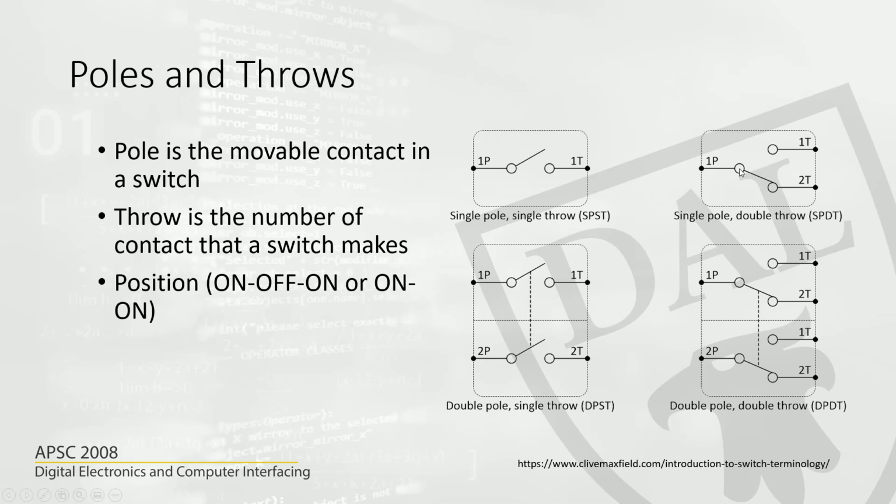But some switches will also have a middle position where both the light bulbs are turned off. That is possible. So that is exactly the same thing, a double throw switch. You can also have two poles, so a double pole, double throw switch. So that is poles and throws. Even if you buy switches for your home, for household applications, these are very important to know.